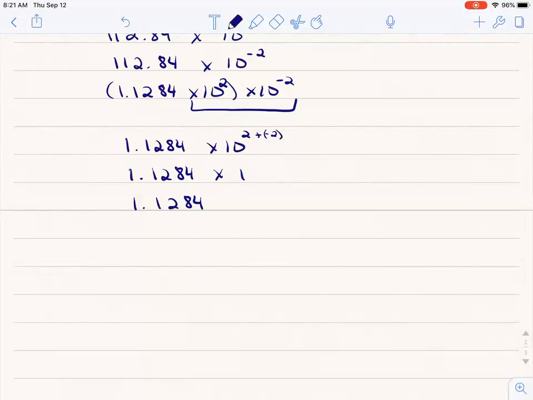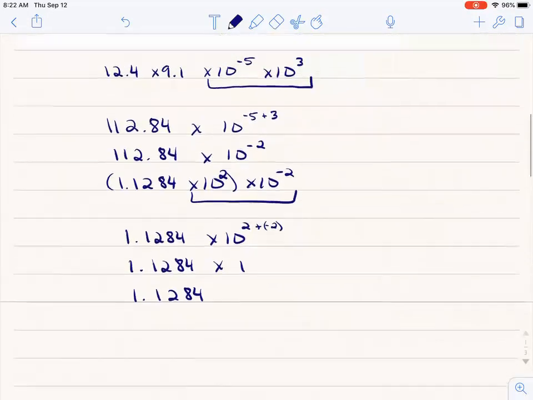This one here is from converting the 112 to scientific notation. Let me scroll down here so I can actually reach it.